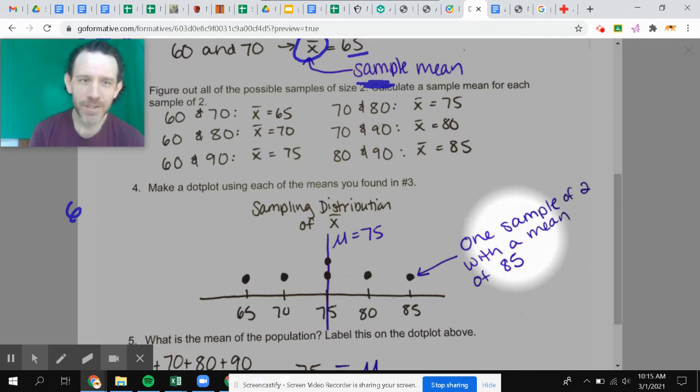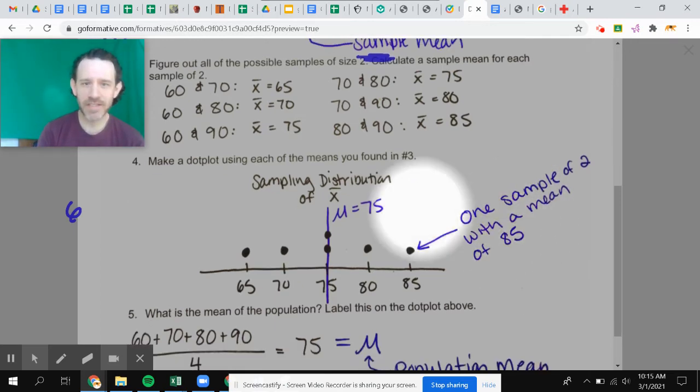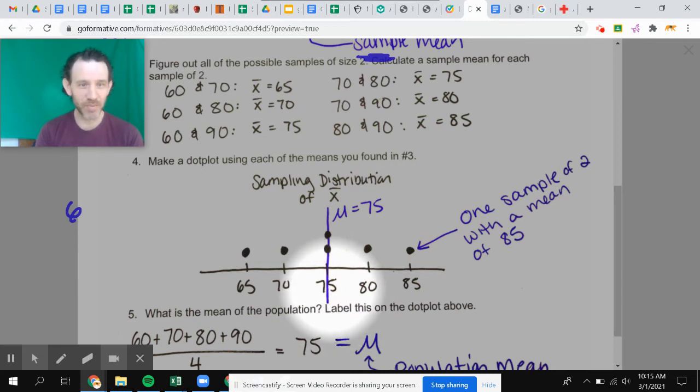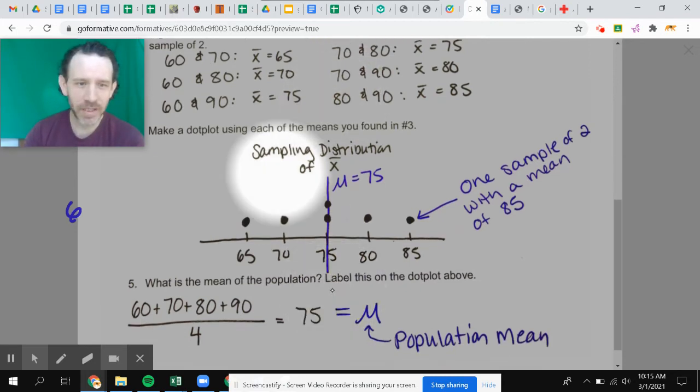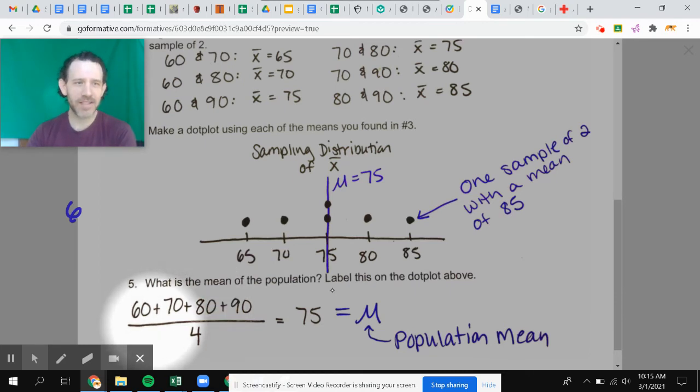All right. So if I were to take all of these sample averages, add up the 65, the 70, the 75, 75, 80, 80, 85, then divide by how many we have, 1, 2, 3, 4, 5, 6, I would get 75 as my answer. So if I notice my sampling distribution, the way it played out was that it actually has the same average as the population would have.